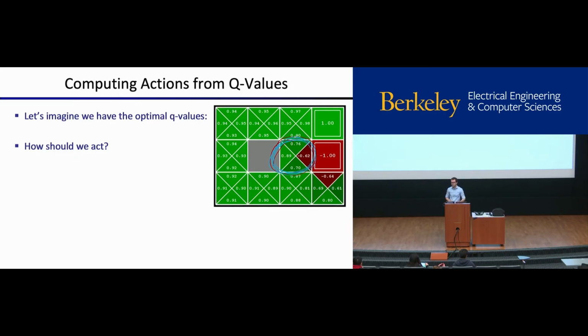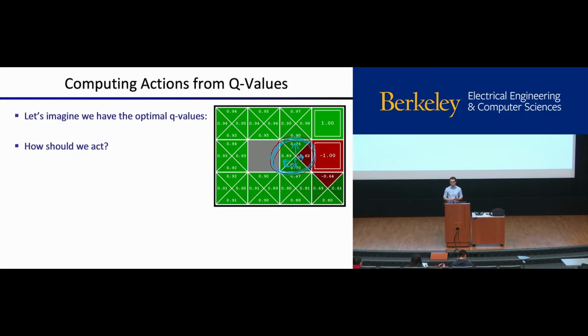So imagine we're in this state. These are the Q values. What's a Q value? A Q value says, first I'm going to take this action, then I'm going to act optimally after that. First I'm going to commit to doing just this action, no takebacks. Then after that action's done, what's the maximum value I can get thereafter? So if we want to act optimally, and we have these Q values, these are associated with going north, south, east, and west.